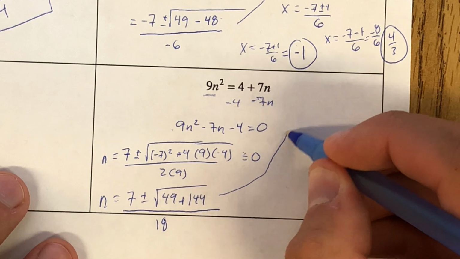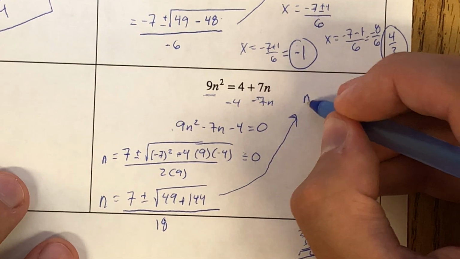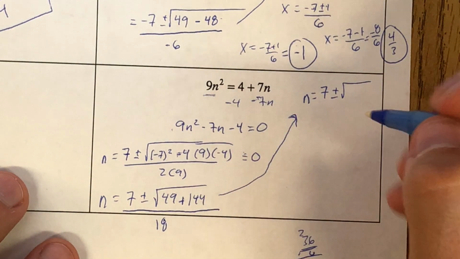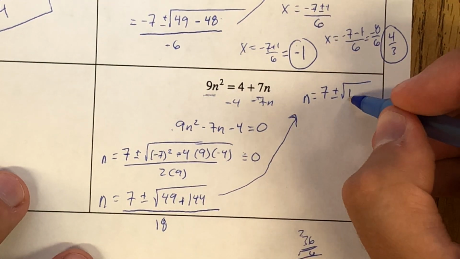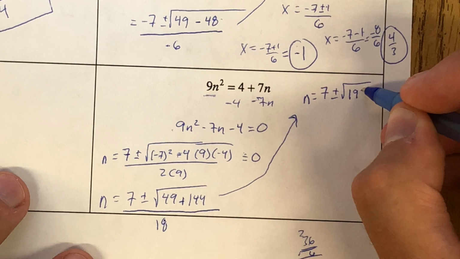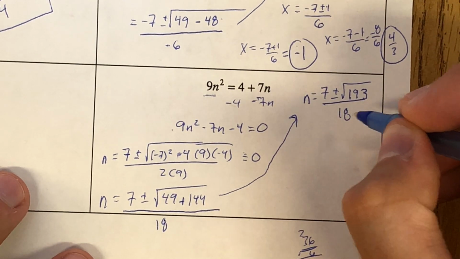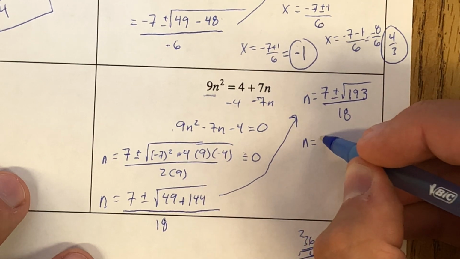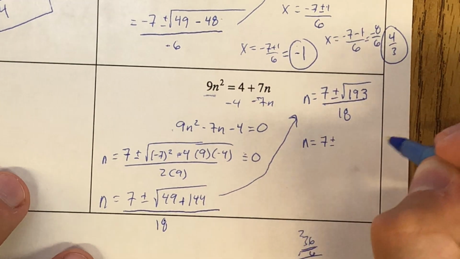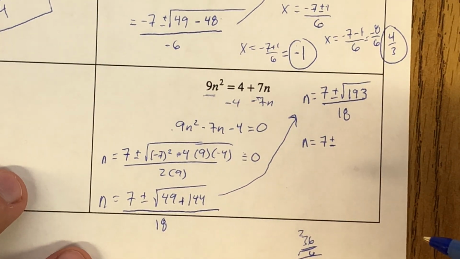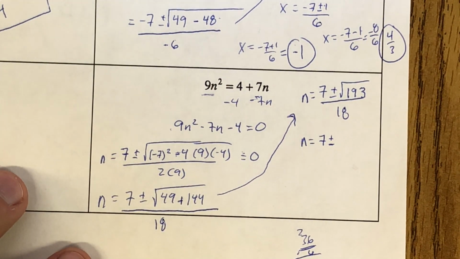And let's keep it going. 7 plus or minus the square root of 49 plus 144 is 193. Yes, 193 over 18. So can we simplify the square root of 193?